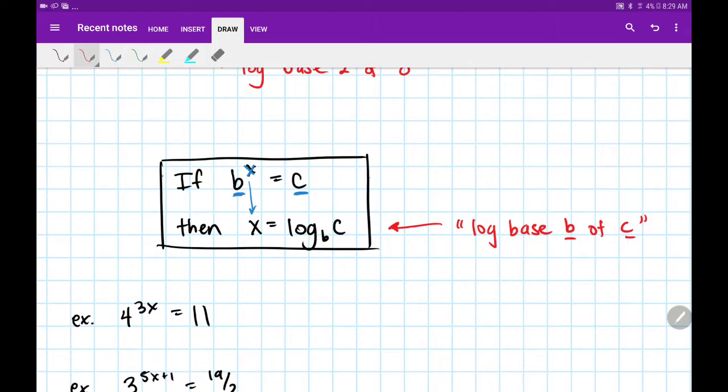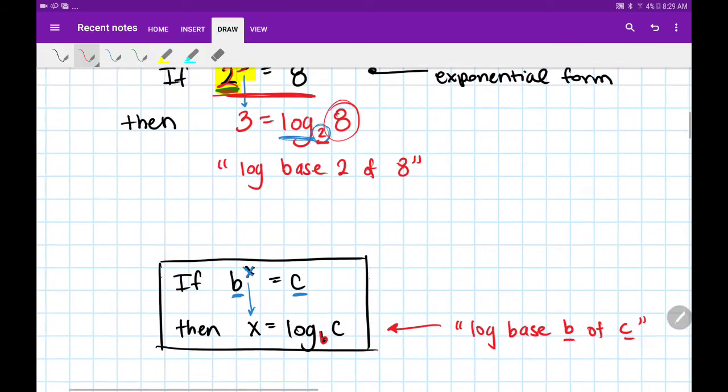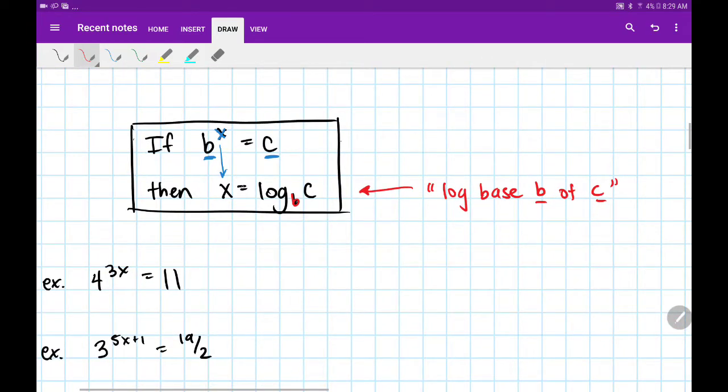So interesting to note that the answer to an exponential equation like this is just the answer to 2 cubed. But in log, the answer, the guy on the other side of the equal sign, is the exponent.